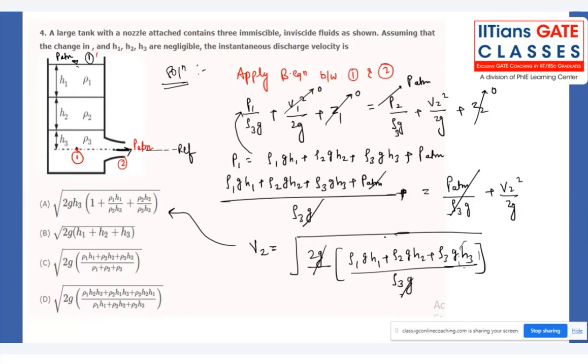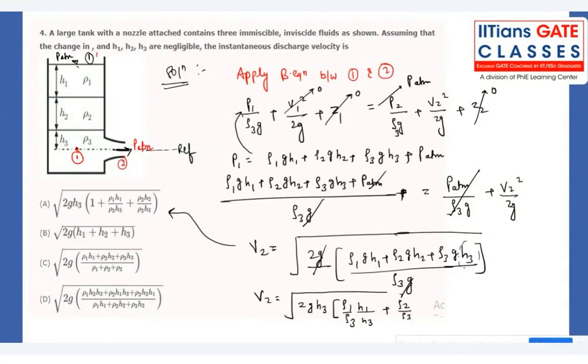When you take g and h3 as constant outside of the bracket, you can further write rho 1 by rho 3 times h1 by h3, plus rho 2 by rho 3 times h2 by h3, plus 1. So this is the answer you have.